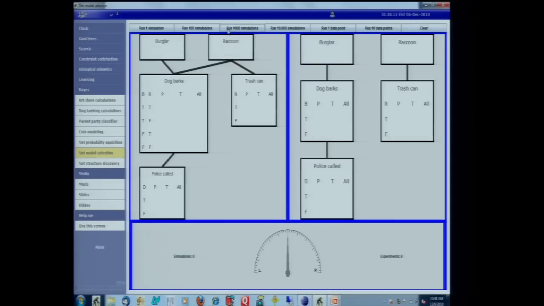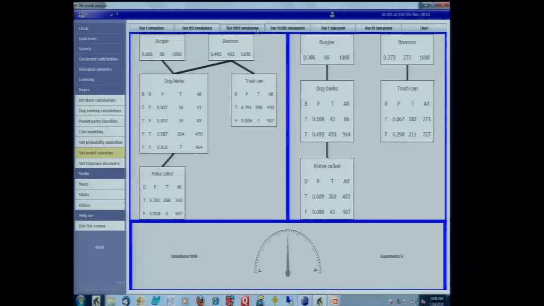So let's run 1,000 simulations and one data point wobbles around a little bit and goes flat over to the left, because that is the model that reflects the one that the data is generated from. So now we got Bayesian classification, except now the classification has gone one step more and it becomes structure discovery.